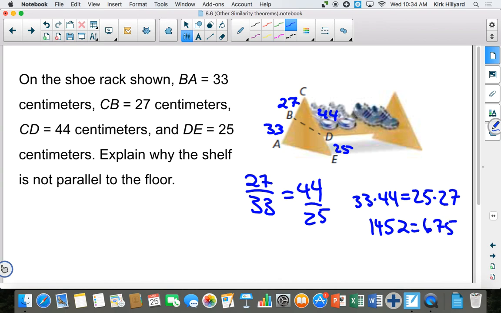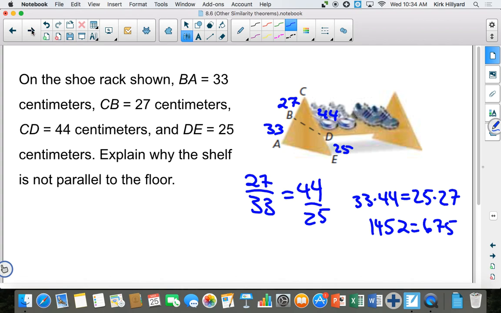So as you can tell, those two are not equal. In order for those lines to be parallel, the proportions would have to be equal. You could also go 27 divided by 33 and 44 divided by 25, and that should be equal if those lines are parallel. Okay? So that's just one way that you could check that.